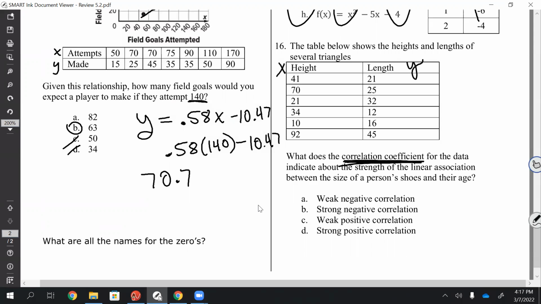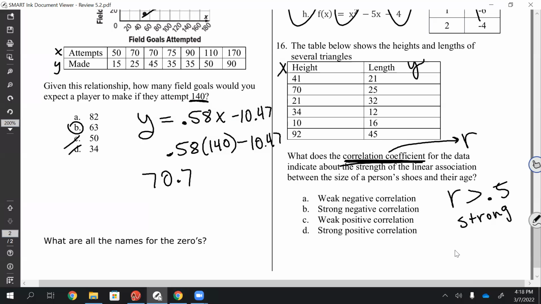So correlation coefficient. What you do is type all this data into the calculator, and we do menu 413, the linear regression. It gives you the M, the B, R squared, and R. Your correlation coefficient that we're looking at is just R. If your R is greater than 0.5, just the R, don't worry about whether the sign is positive or negative, it's going to be a strong correlation.